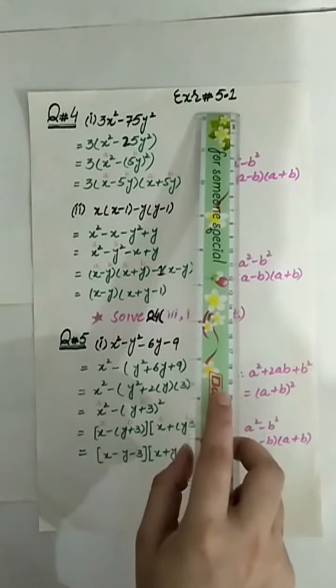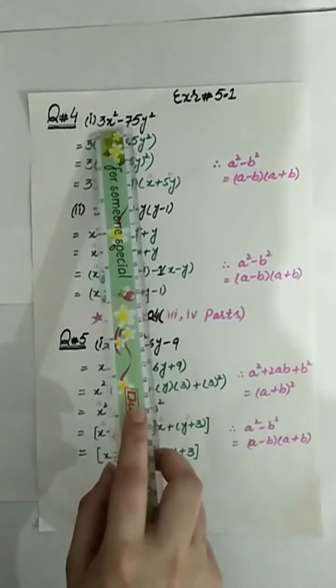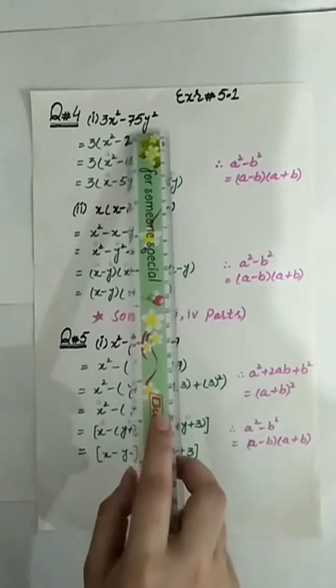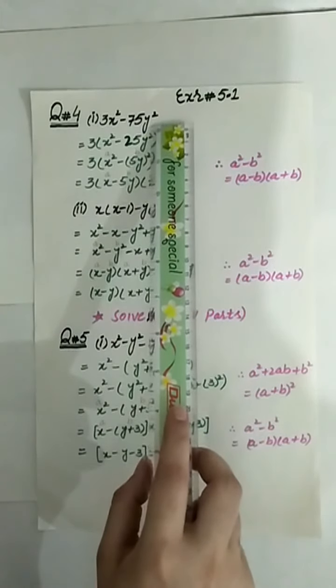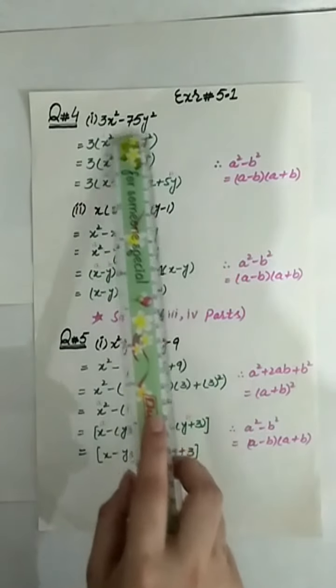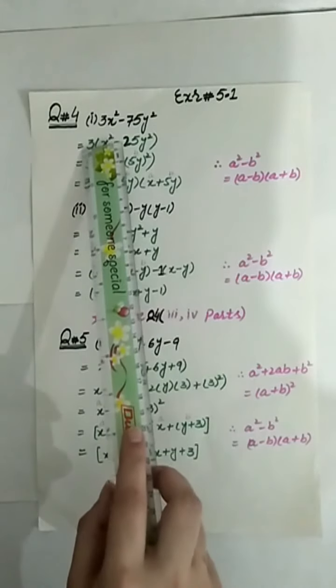Now start question number 4, part 1 of exercise 5.1, which is 3x square minus 75y square. First we take the value which is common in these two terms in this expression, which is 3.